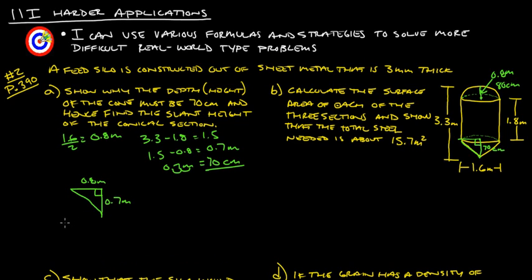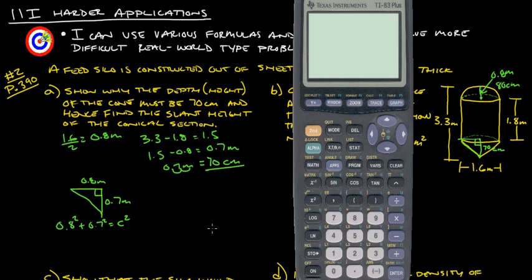So we should just be able to do a squared plus b squared equals c squared, right? So 0.8 squared plus 0.7 squared should equal the hypotenuse, or the slant height, squared. We turn on our calculator, and 0.8 squared plus 0.7 squared gives us 1.13.